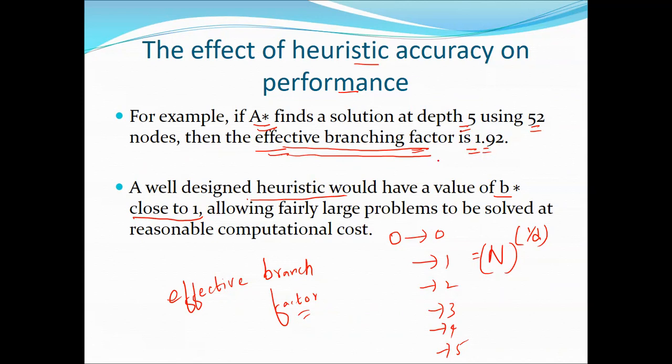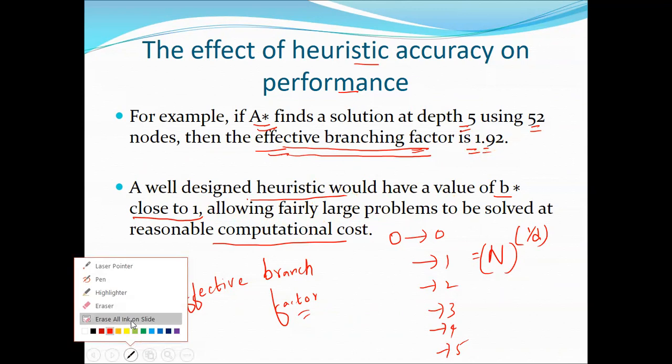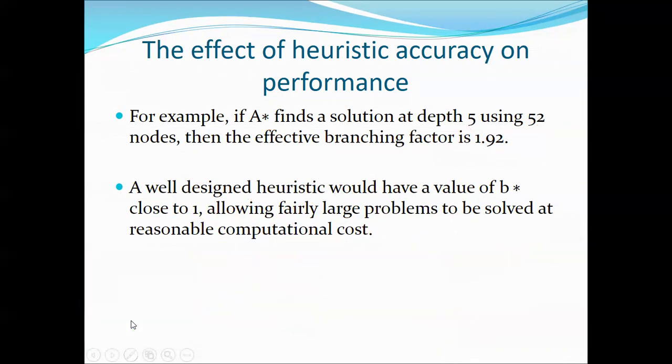Then it is a good heuristic function. If the effective branching factor is close to 1, then it allows fairly large problems to be solved at a reasonable computational cost. So that is the key. Even large problems can be solved at less computational cost.